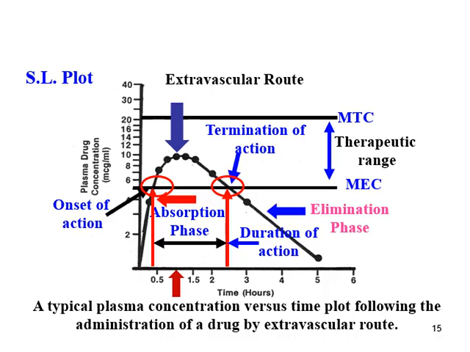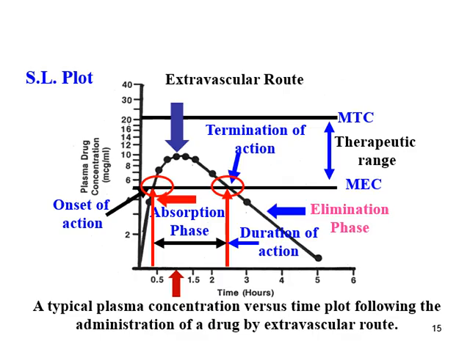We mentioned the plot before. This plot is a typical plasma concentration versus time plot. Actually, this curve, if you see the dots here, is produced by the administration of a drug via extravascular route. You will learn different routes later.